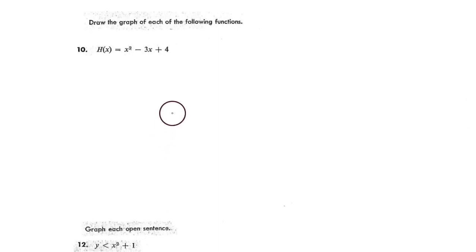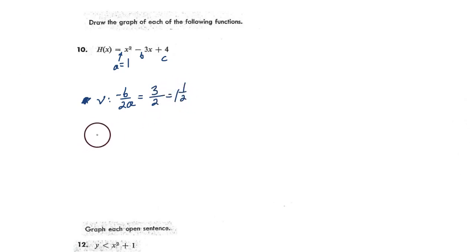Next one, graph this one. This is in standard form. A is 1, B is -3, C is 4. So this time, to get the vertex, you use the formula -b over 2a. So this becomes 3 over 2, or 1.5. Now to get the y value of your vertex, take that answer 3 over 2 and plug it into the equation. You might use a calculator to help.